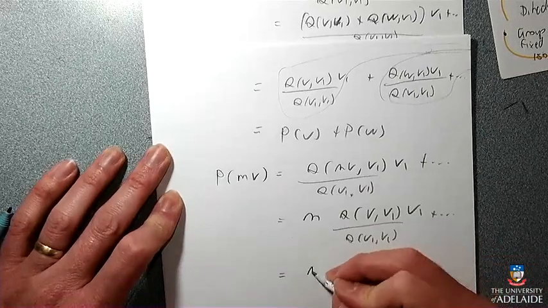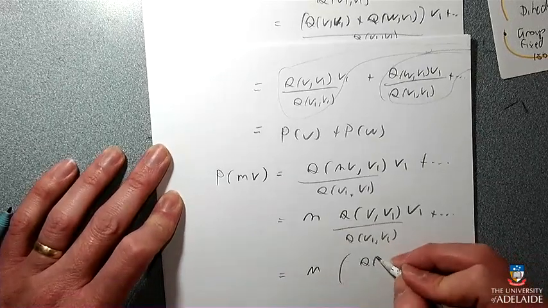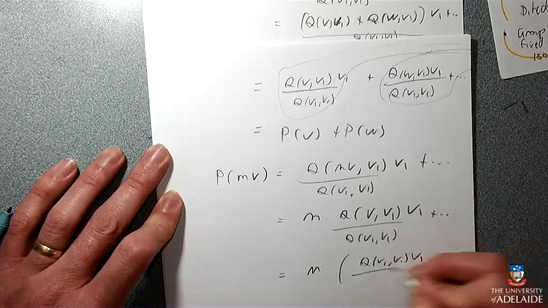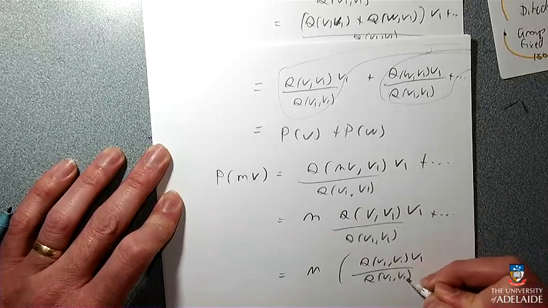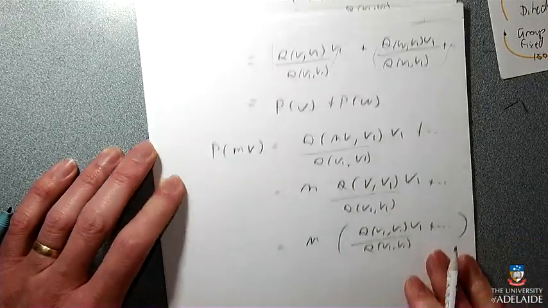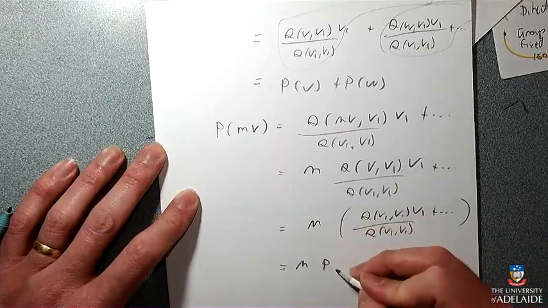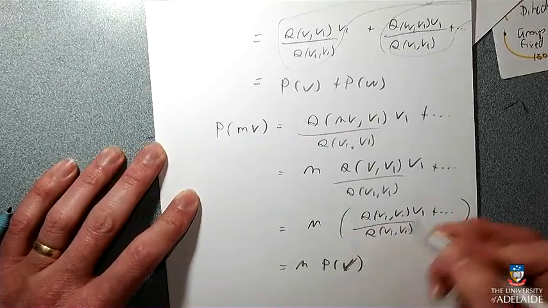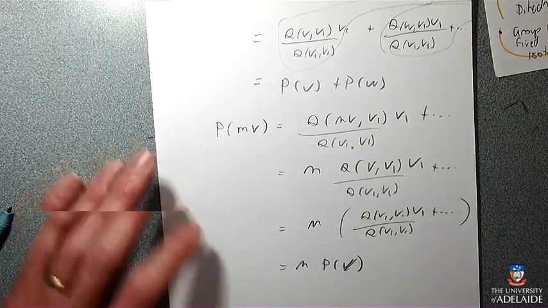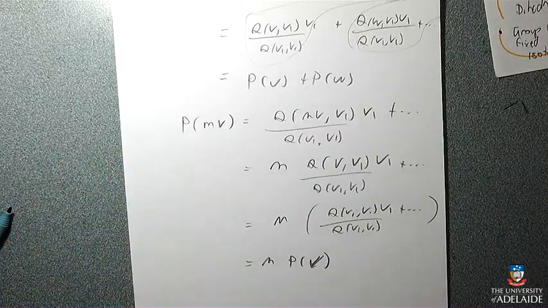So I'll be able to bring the M outside of all of this. Which means I'm going to get M of P of V. So it really is a linear transformation after all. It inherits that from the fact that Q is bilinear. The fact that Q is linear in each of its coordinates causes this to be a linear transformation.